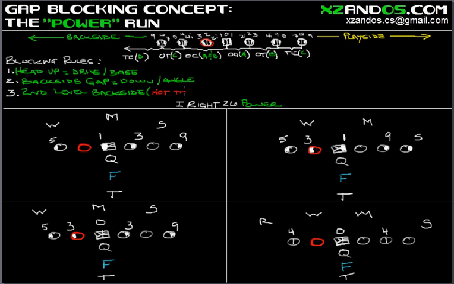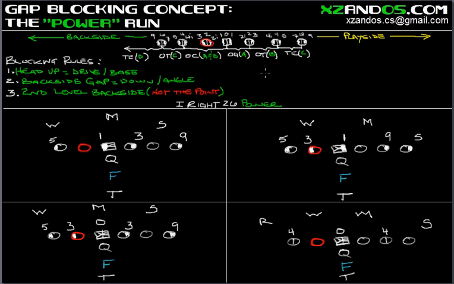Who is the point? We will discuss that when we get into the diagrams. So that's the third rule. Second level backside, do not block the point. The point belongs to the offensive guard, the backside offensive guard who's pulling, and we'll get into that here in just a little bit in the diagrams, which we are getting close.